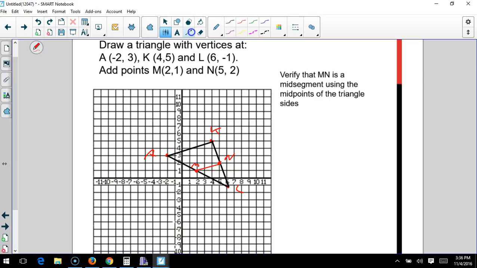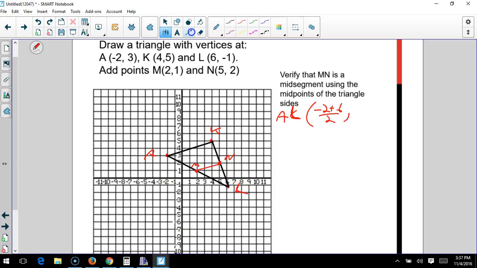So we need to find the midpoint of KC and AC. So AC, the midpoint is -2. Sorry, the half C is an L. Can't remember my own handwriting. KL, let's say, -2 plus 6 divided by 2.